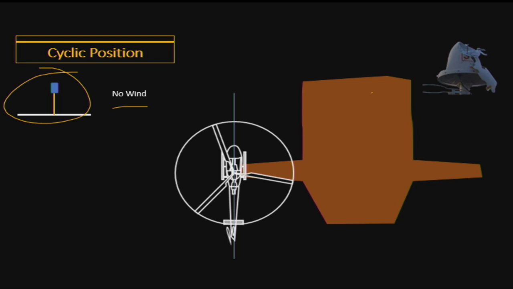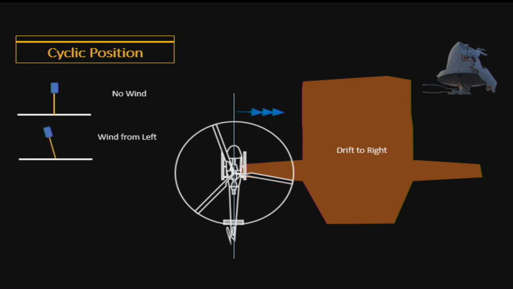All right, this is where we've got the ship, helicopter on the bridge wing, and we are set to go. Now when we introduce the wind, you can see that the cyclic must be offset to the left to compensate for the wind, as the aircraft wants to drift onto the superstructure on the right hand side, which obviously one cannot afford.